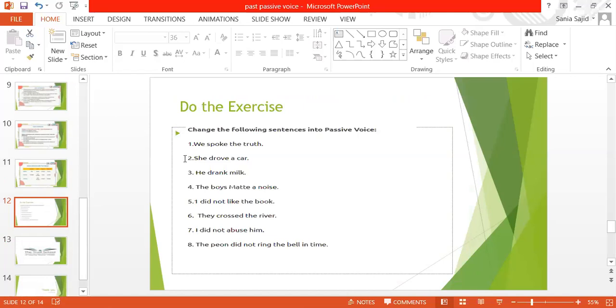I again repeat by converting the first example into passive voice. In passive voice, the subject becomes the object and the object becomes the subject. We always use the third form of the verb. We always use by, and the only difference is that we change the helping verbs. In past indefinite passive voice, the formation is object plus was plus third form of verb plus by plus subject.